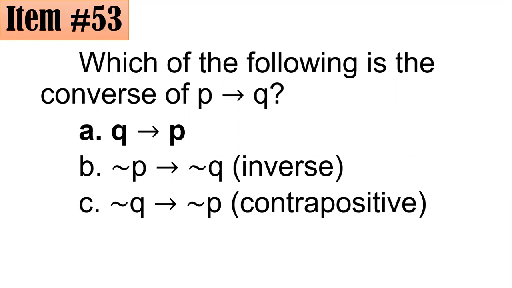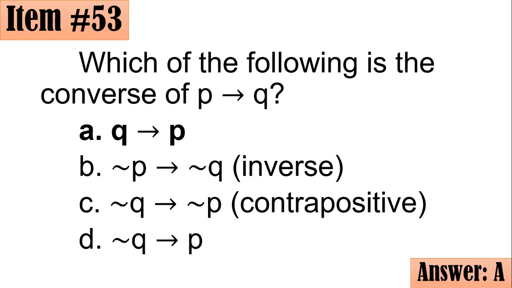And tandaan din po natin that the given conditional is simply the equivalent of its contrapositive because they have the same truth value po. And letter D is wrong. Letter A is the correct answer.